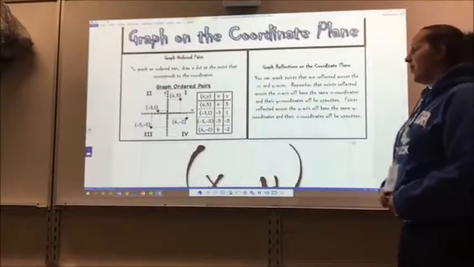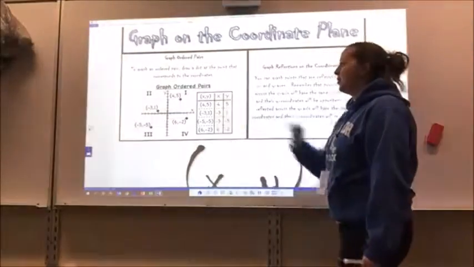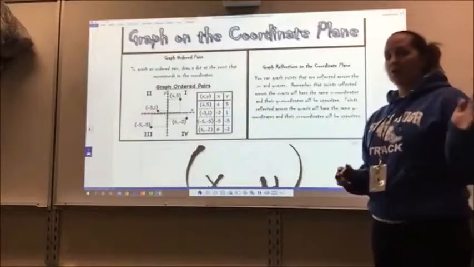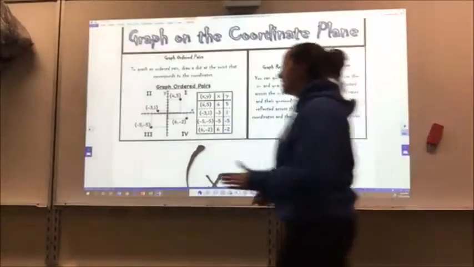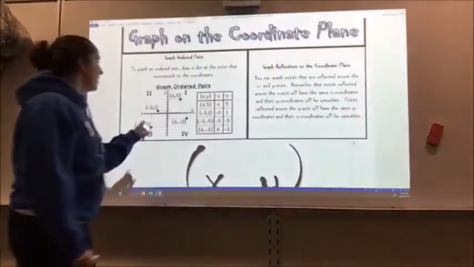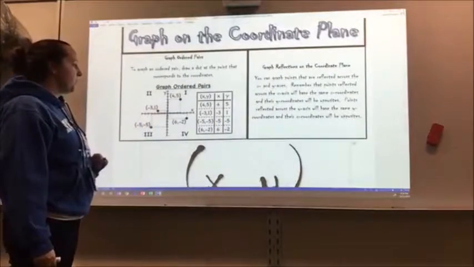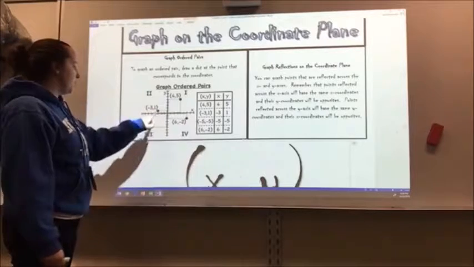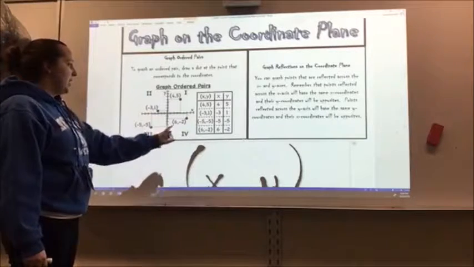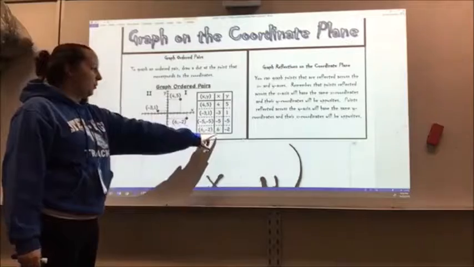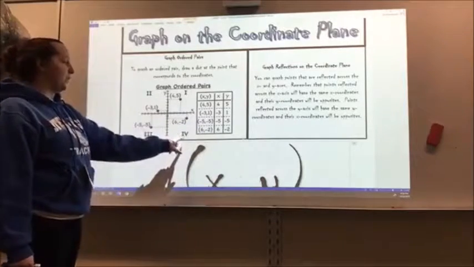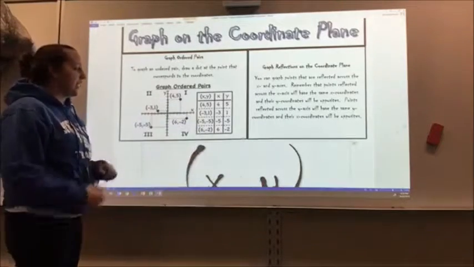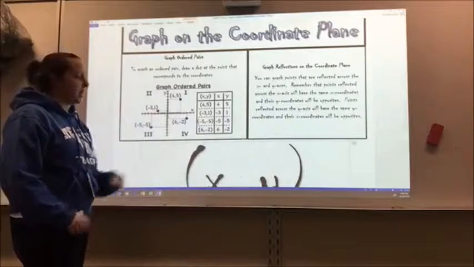You can do the same for any of these. -3 tells me to go towards the left-hand side, which would put me in quadrant 2. 2 negatives will put me in quadrant 3, and a positive and a negative will put me in quadrant 4.